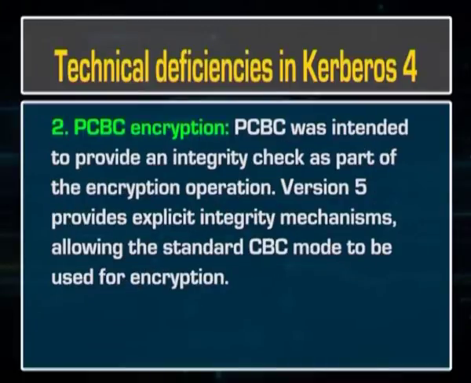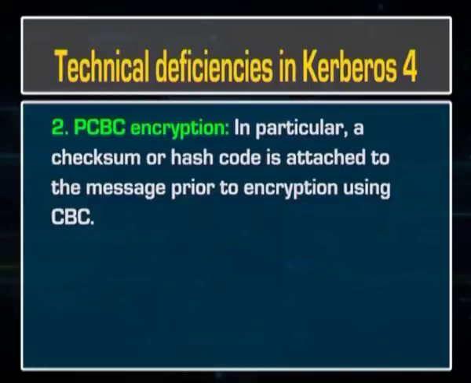PCBC was intended to provide an integrity check as part of the encryption operation. Version 5 provides explicit integrity mechanisms, allowing the standard CBC mode to be used for encryption. In particular, a checksum or hash code is attached to the message prior to encryption using CBC.